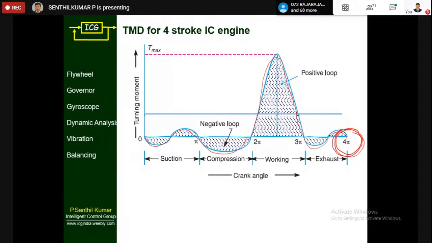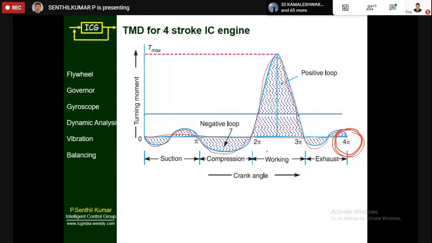Your vehicle runs slowly for the first rotation, the first 360 degrees. Then in the next 360 degrees it will move fast because of the lot of energy. Again it will slow down. So imagine how the vehicle moves: a little fast, then slow, a little fast, then slow. But we don't need that kind of motion. The moment we accelerate, it has to move at uniform speed. That's why we have a flywheel.